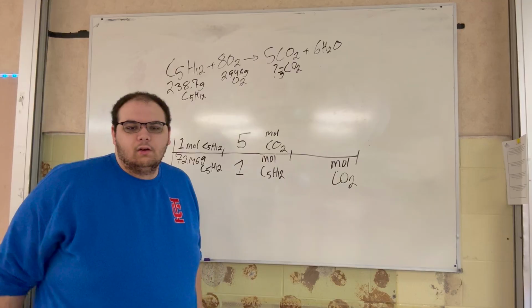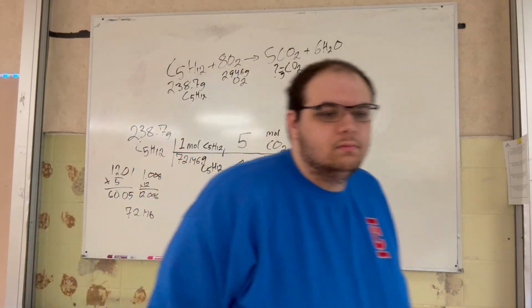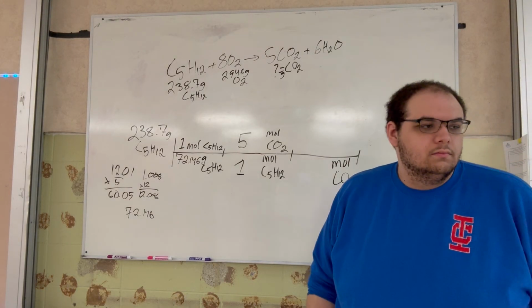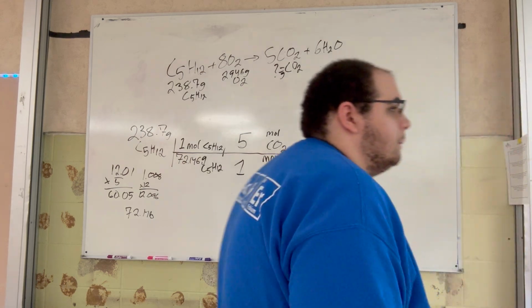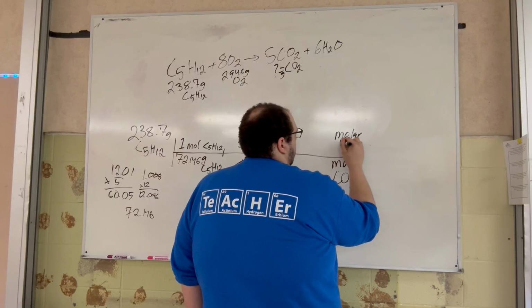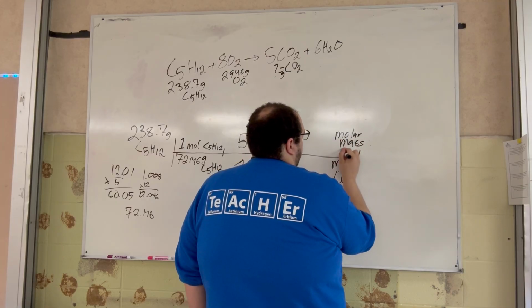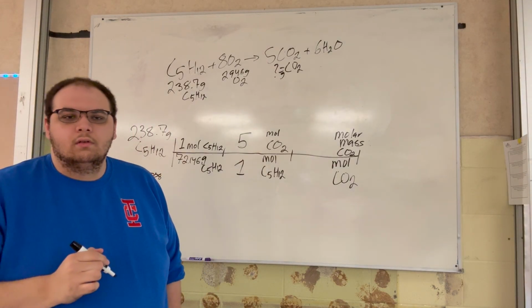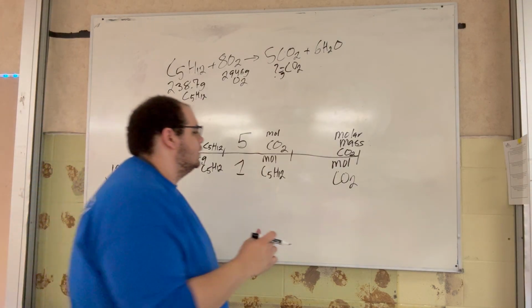Look at your roadmap. Where are we at in our roadmap? So molar mass. We need the molar mass of CO2. Is it the molar mass in grams, technically? I didn't need to write the word molar mass.